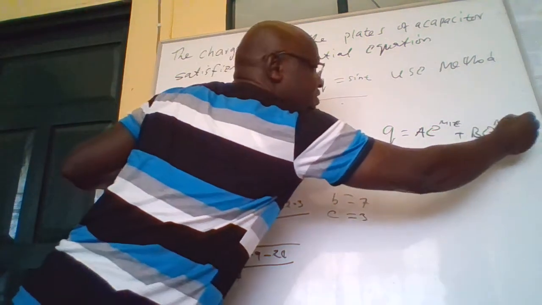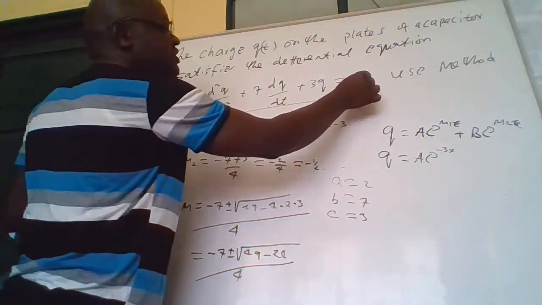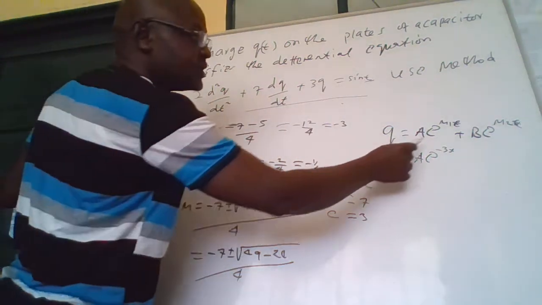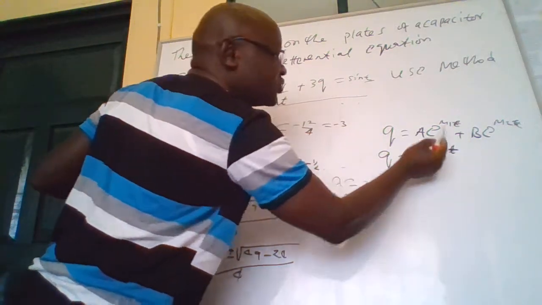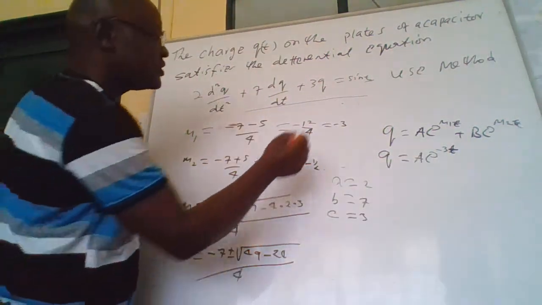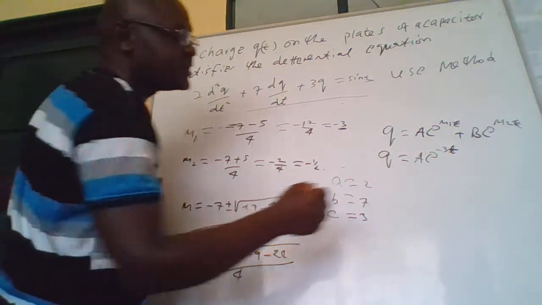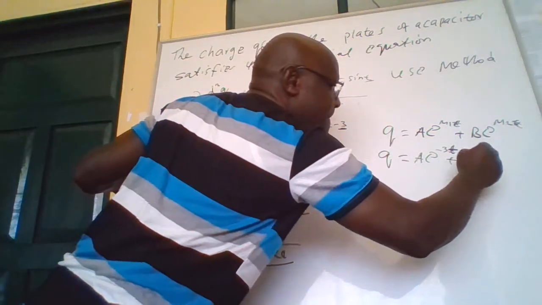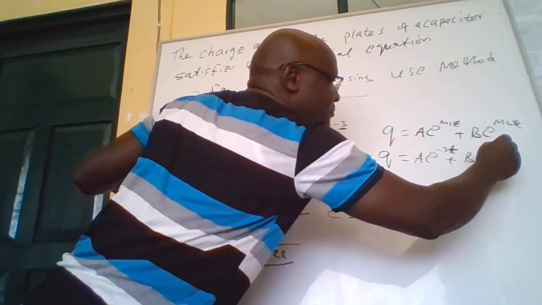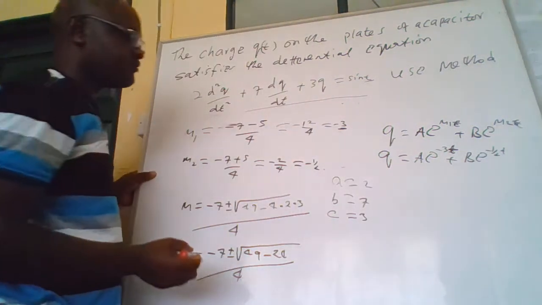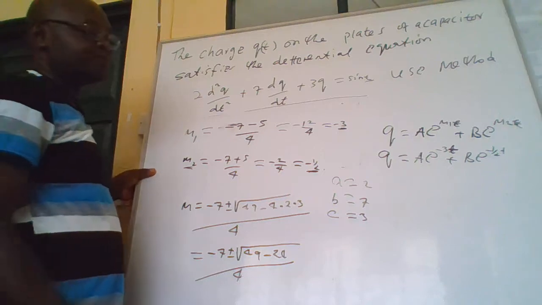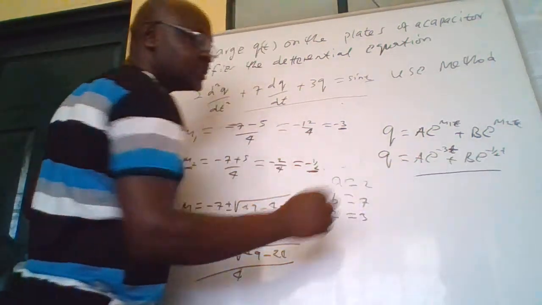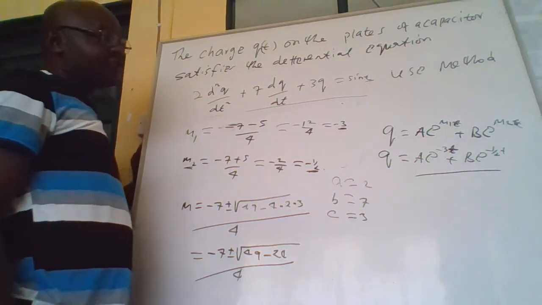The variable in this equation is t. We replace the value of M1, which is -3, then plus B e^(-1/2 t), replacing the value of M2. So this is now the complementary function.